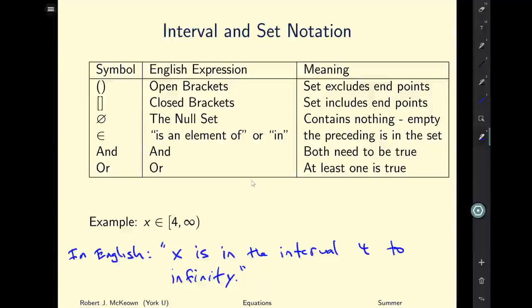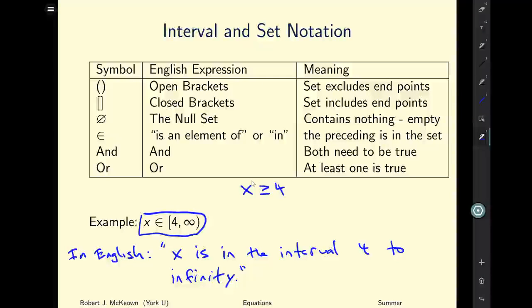There's one more thing I'd like to show you, and that's an alternative way of expressing this mathematically. And so I could write x is greater than or equal to 4.